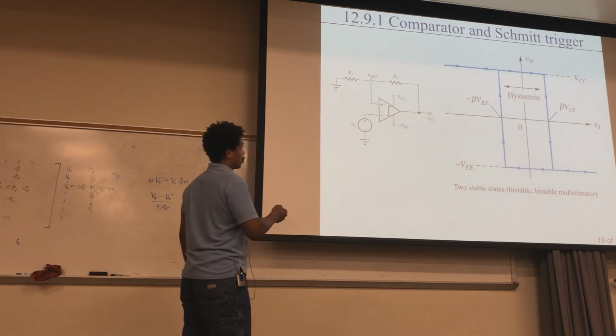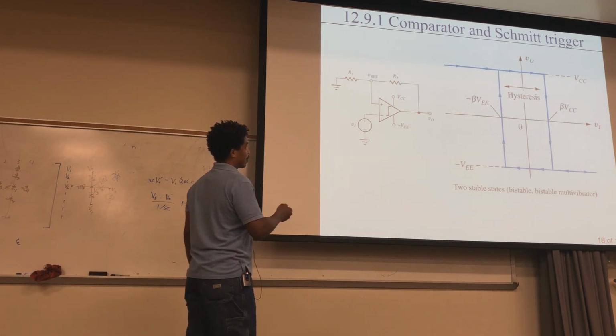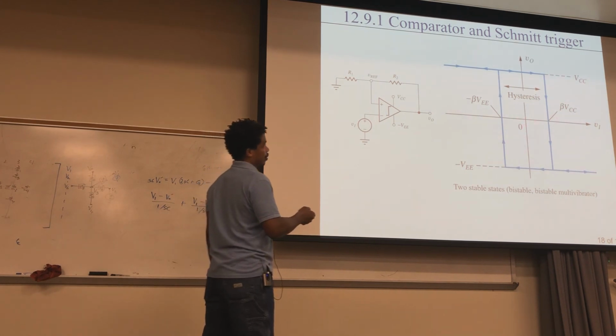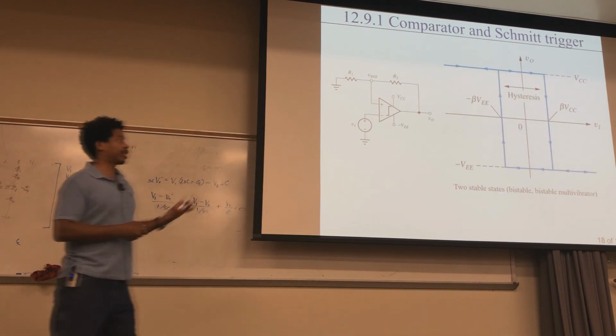So your input is going at several values along here, but it has to go up to here to finally switch down here for the output. And then if you're over here, your input has to go way back over here to switch to this state. And so your noise is typically going back and forth right here, and that's not enough to get you to those states to switch.